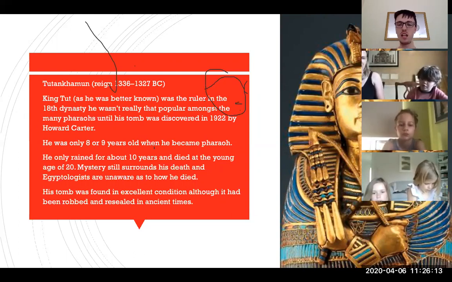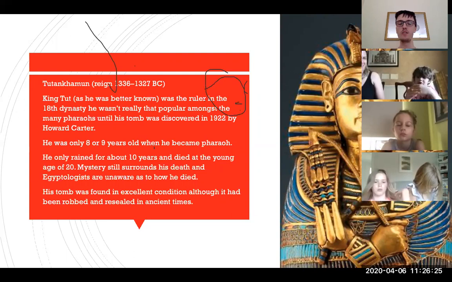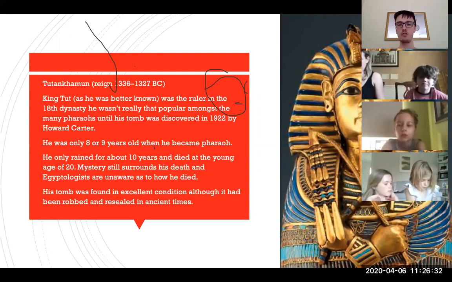So whilst he was reigning, he wasn't that popular, and it was mostly because he was only 8 or 9 years old when he became pharaoh. So people didn't think that he was old enough to rule the kingdom and the empire. So he was 8 or 9 when he took over. Some of you are either 8 or nearly 9 or something like that. So can you imagine being king of a country at the age you are now?